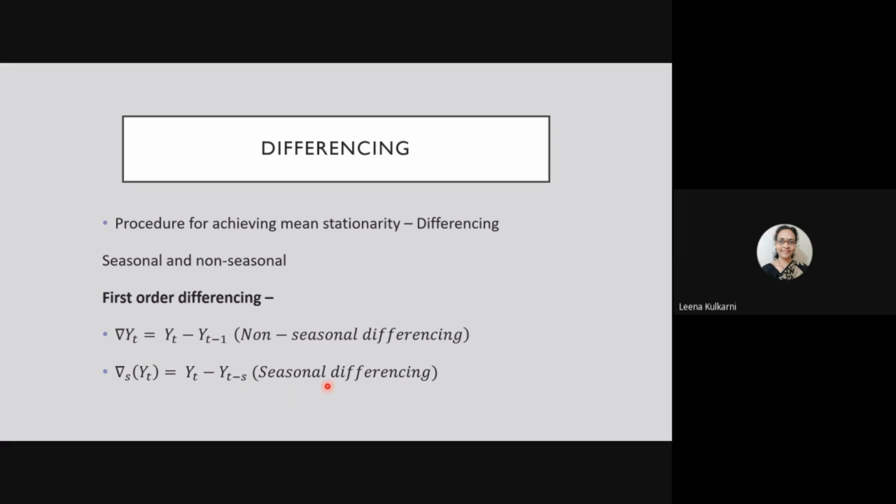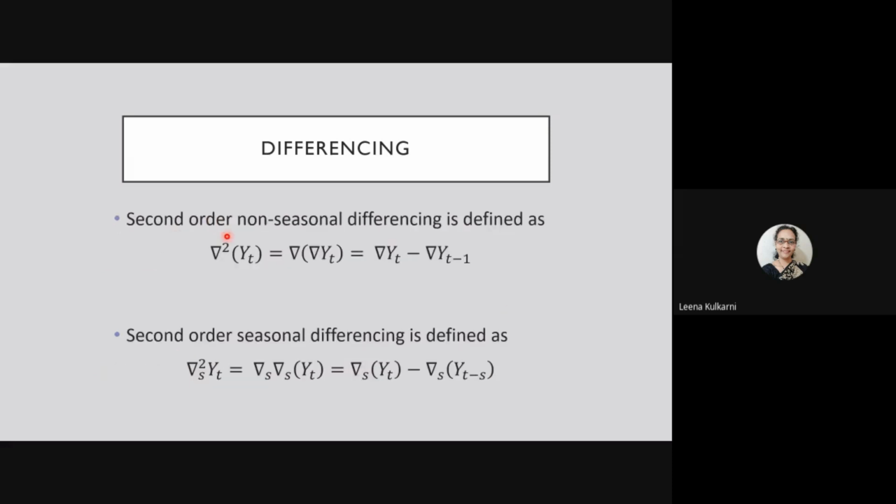In the same way, if seasonality is present in the data, you need to make the data stationary in the seasonal index as well. So the current time point minus the previous same season observation will give you the seasonal differencing. So these are the notations which are used, and this is first order differencing. Now when I say that this is first order differencing, you definitely have second order differencing as well available.